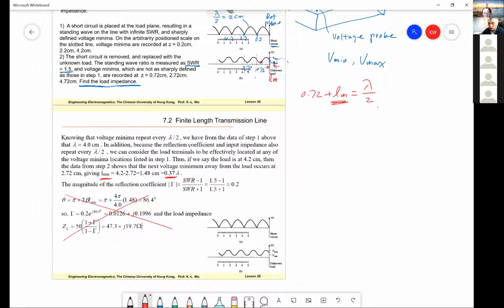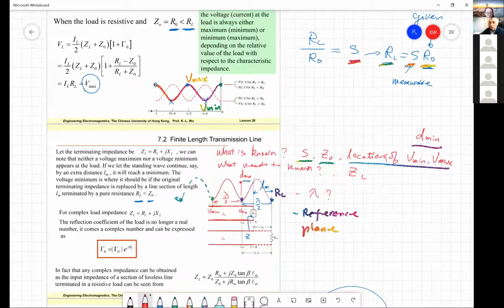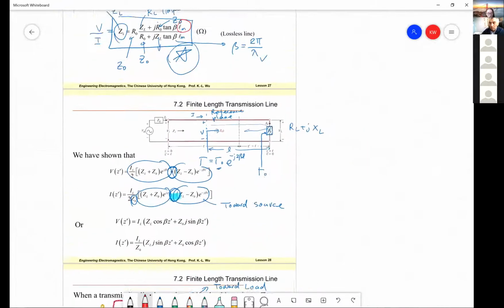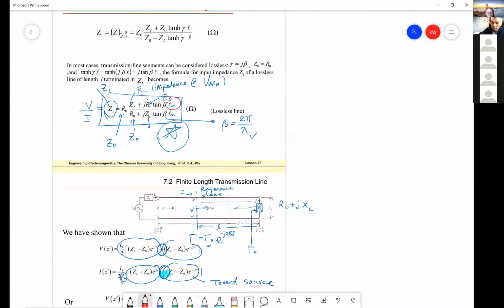So what formula is it? The characteristic impedance equal to ZL... So that is it.